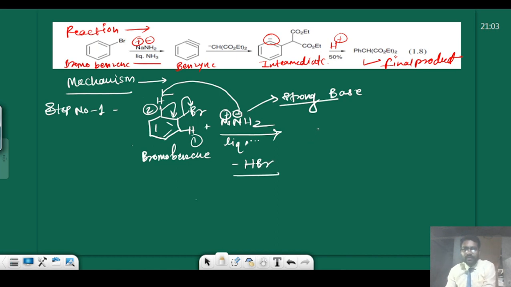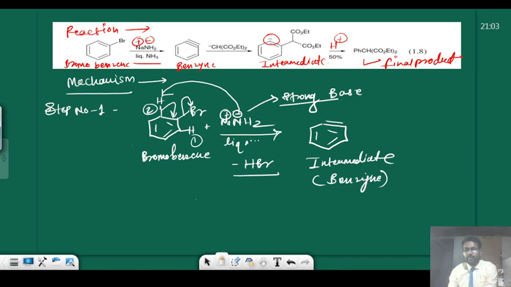And there is a formation of the benzyne intermediate. So this is step number 1. Step number 2 we will discuss in the next slide.